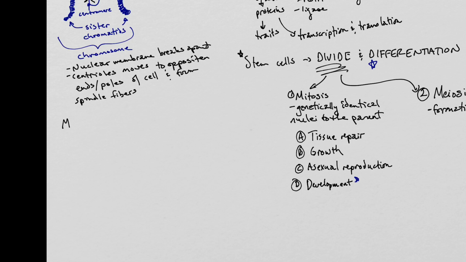Let's talk about the next phase, which is metaphase now. In metaphase, those spindle fibers will attach to the centromere of each chromosome.